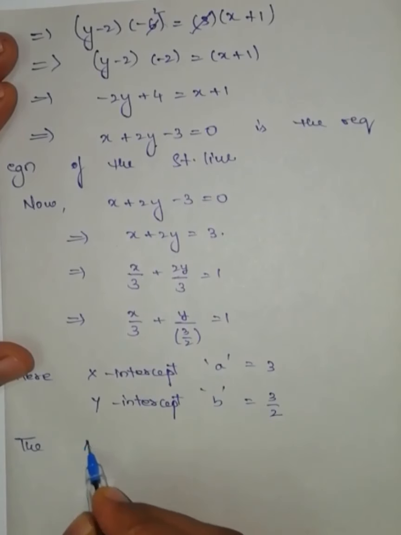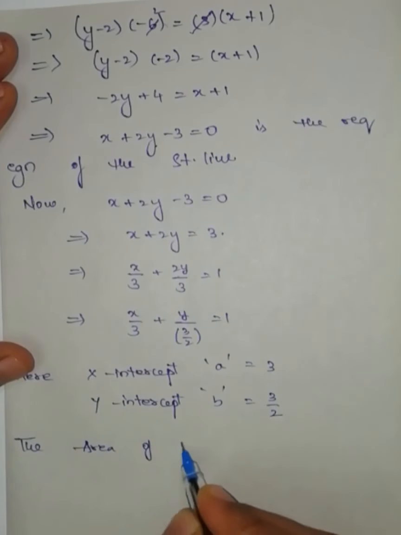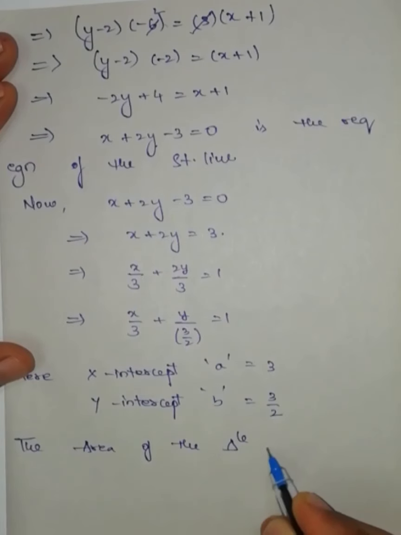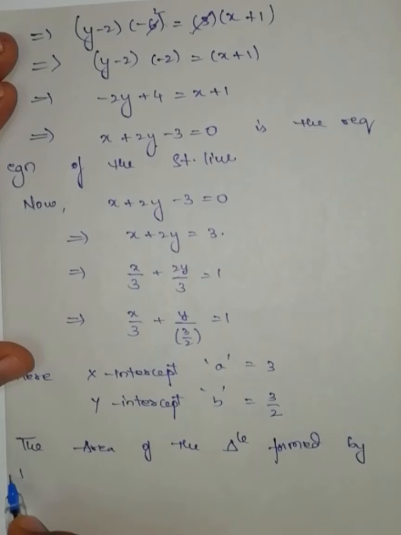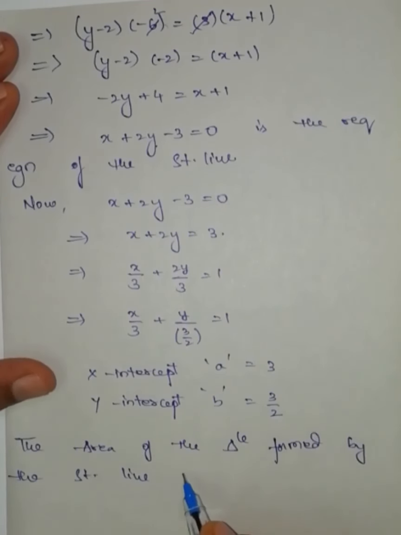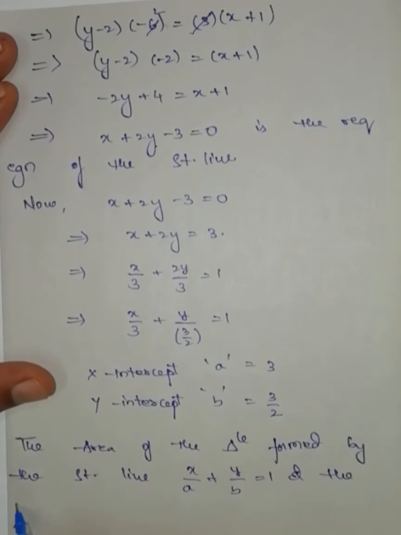The area of the triangle formed by the straight line x by a plus y by b is equal to 1 and the coordinate axis is half modulus of a into b.